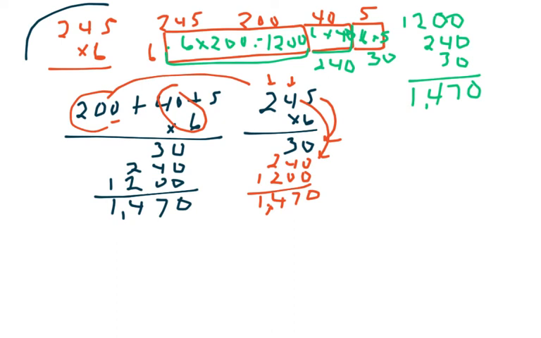The last way would be, again, that shortcut method, 245 multiplied by 6. 6 times 5 is 30. We write down the second 30, and we carry the 3 tens. And that needs to be added on, just like we did over here.